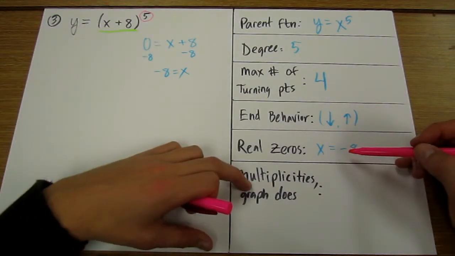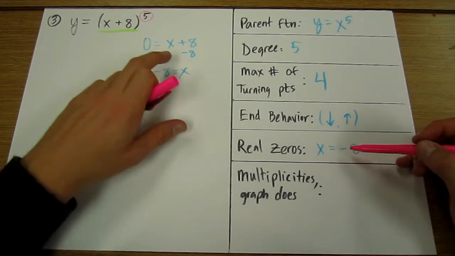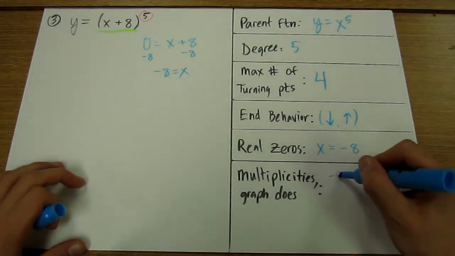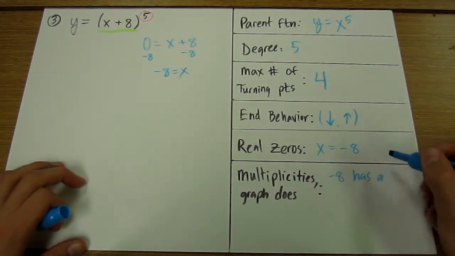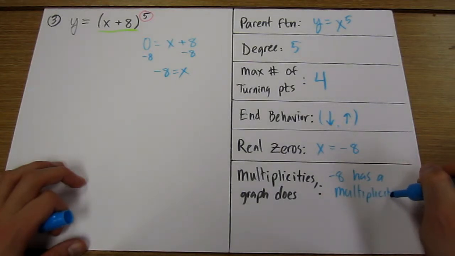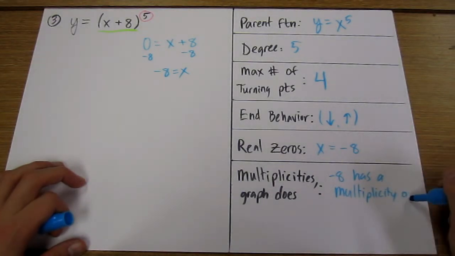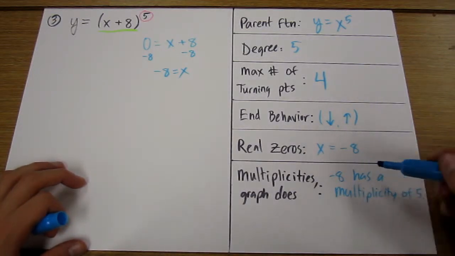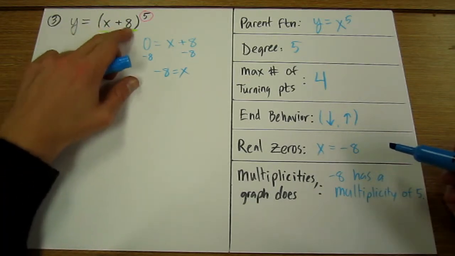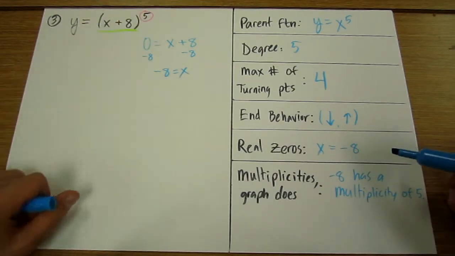So, this real 0 will have a multiplicity of 5. So if we were to write that out, we could say negative 8 has a multiplicity of 5. That's just saying this factor, x plus 8, has an exponent of 5.